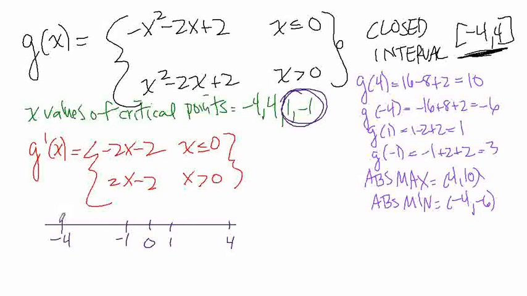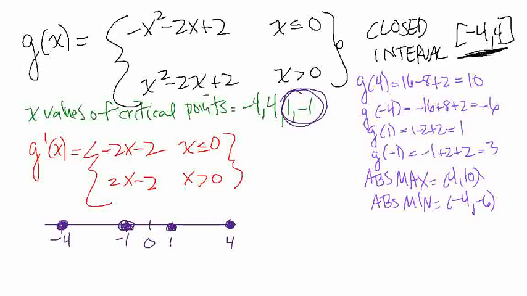So we have critical points at x equal to -4, x equal to -1, x equal to 1, and x equal to 4. Actually, the endpoints are the absolute extrema, so right now we only care about the x equals 1 and x equals -1 points, because we're looking for the local extrema.